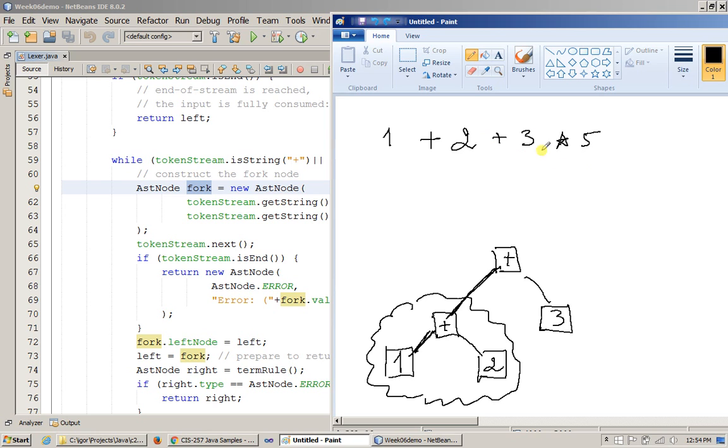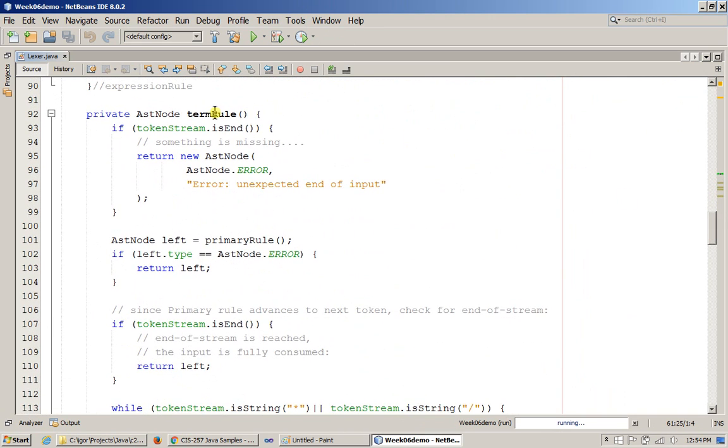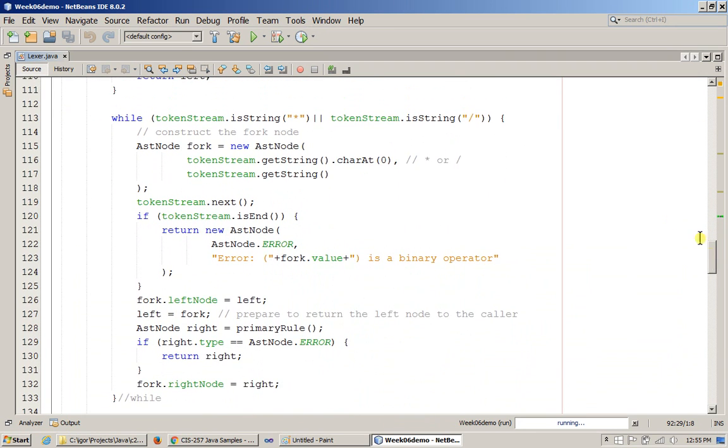So what it means is that this needs to be evaluated as one sub-expression. For that reason, multiplication is actually implemented as part of the term, which is down here, a sub-rule that we use, right? So it's a very similar organization.